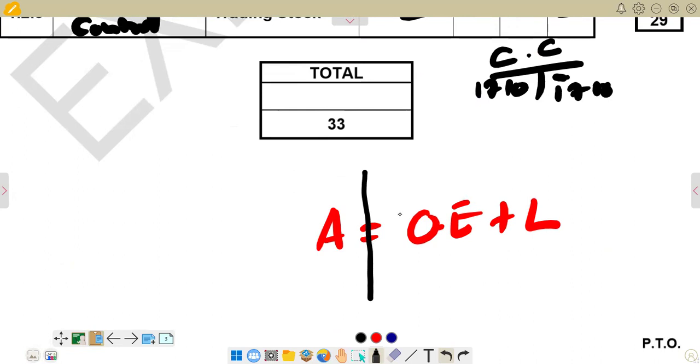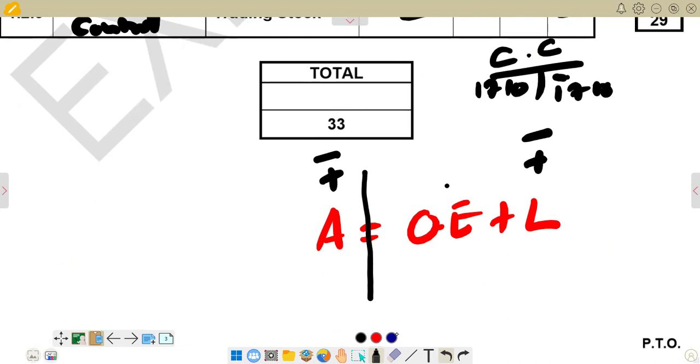If there is a plus on assets, we're going to have either a plus on owner's equity or a plus on liabilities. You understand? So if it's affecting assets and liabilities, and there's a plus here, it's going to be a plus here. If there's a minus here, it's going to be a minus here.